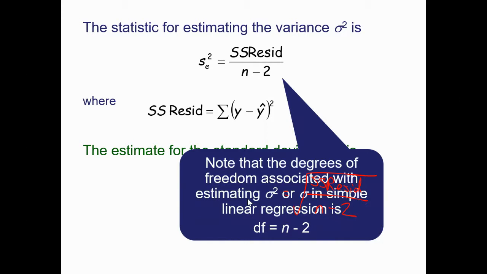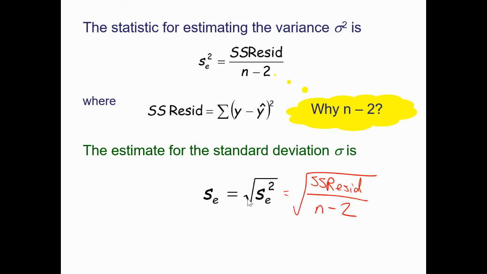Note that the degrees of freedom associated with estimating sigma squared or sigma in simple linear regression is n minus 2. So we have n minus 2 degrees of freedom. Anyone want to take a guess at why n minus 2? You can even look at the notes at the bottom and it kind of gives you a hint. Not quite.